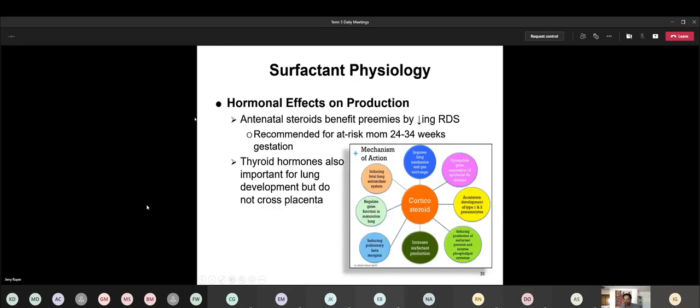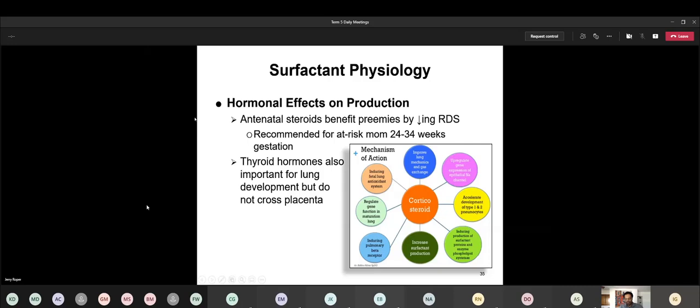Now, here's a situation where you've got a preemie who may have to be born really, really early. Let's say you've got a preemie who is about 28 weeks. And we know that at 28 weeks, the surfactant is not completely matured yet.